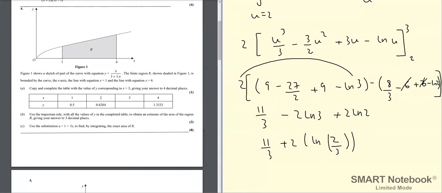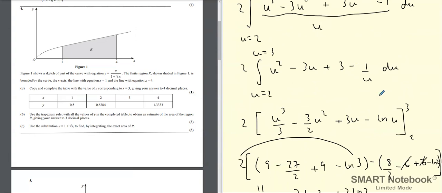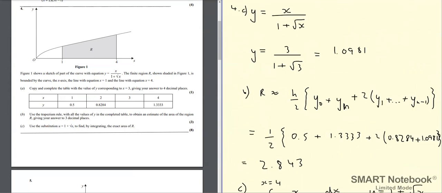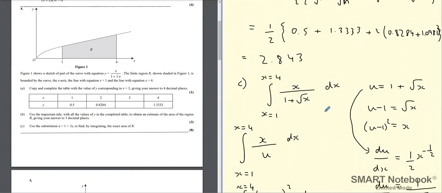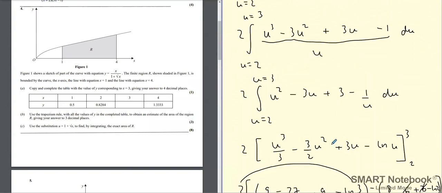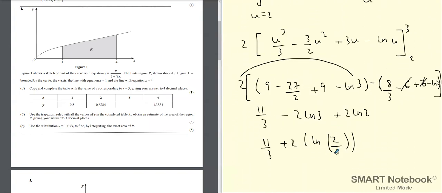And we can check. It should be quite similar to our answer to 2.843. So let's actually work that out and get a reasonableness check.